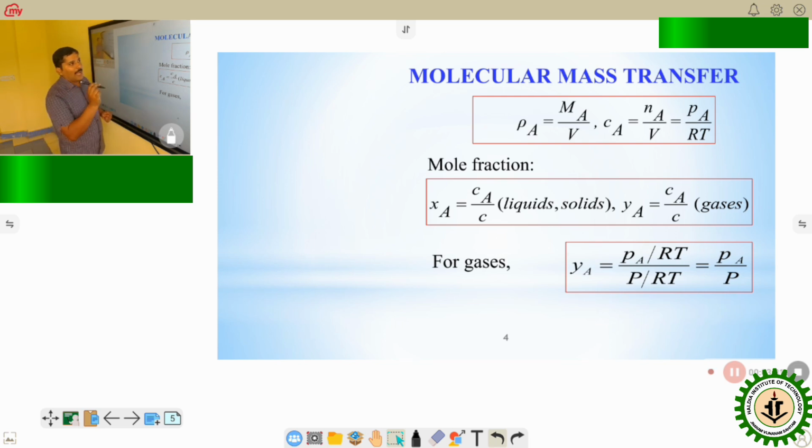Now if we apply the ideal gas law, we can easily write that rho A is equal to MA by V, as well as CA is equal to NA by V, the number of moles divided by volume.